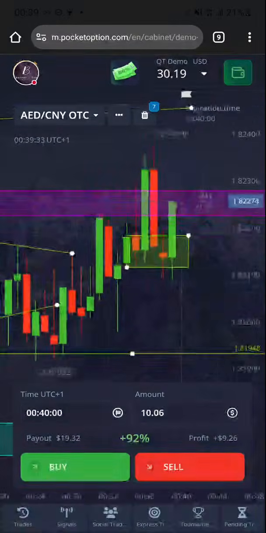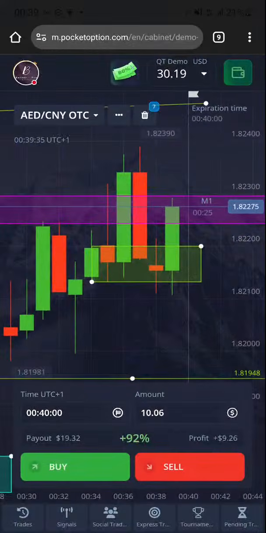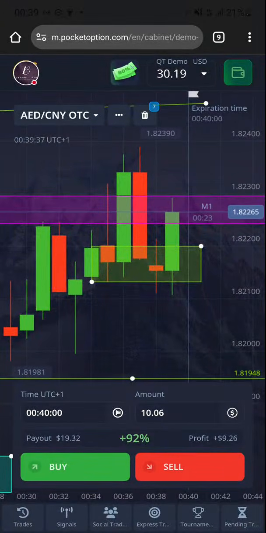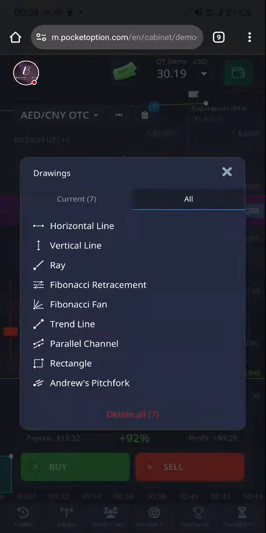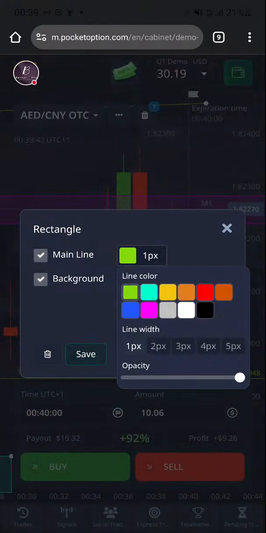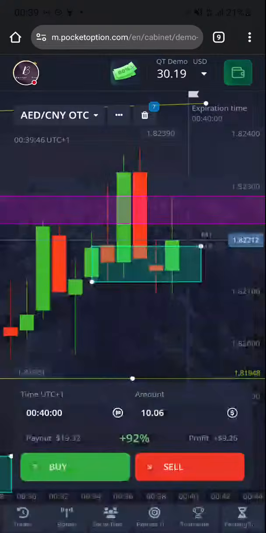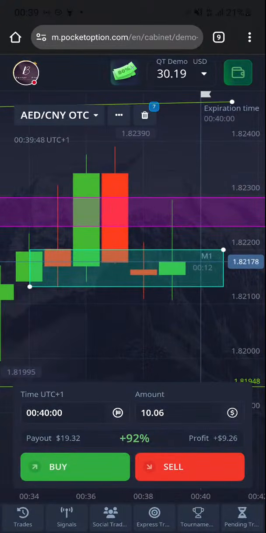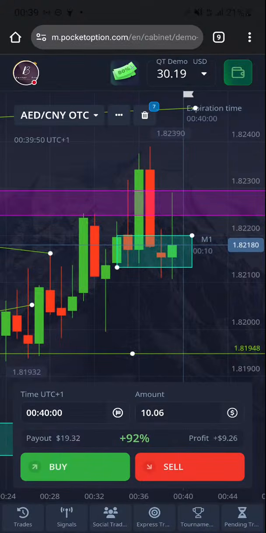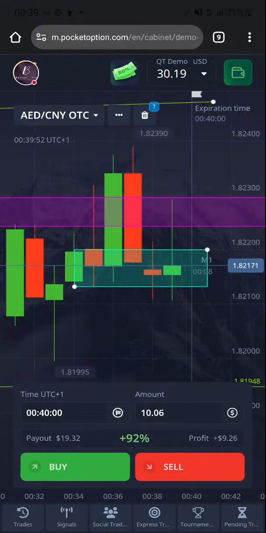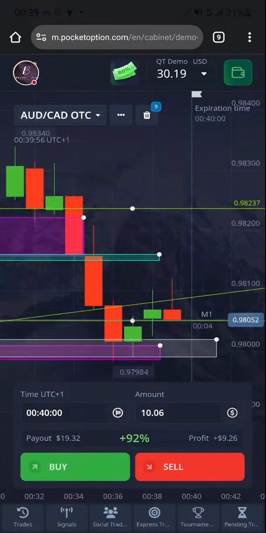So I was expecting the buyers to respond now that we have a gap down, but I guess the sellers just overwhelmed them over there. You understand? So no problem.